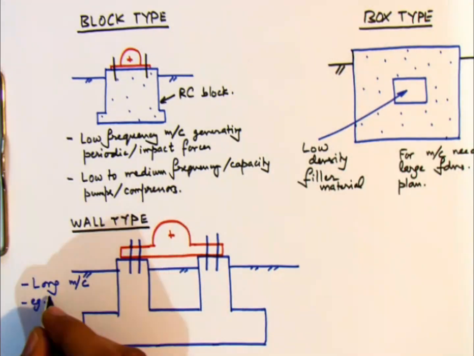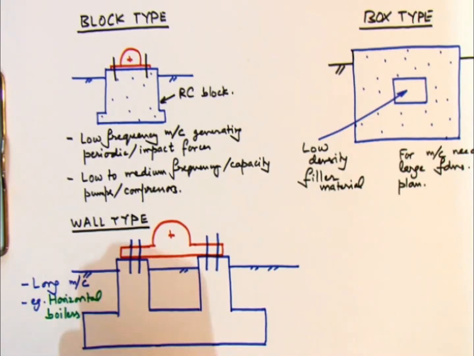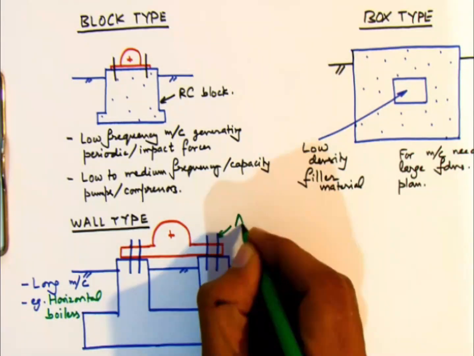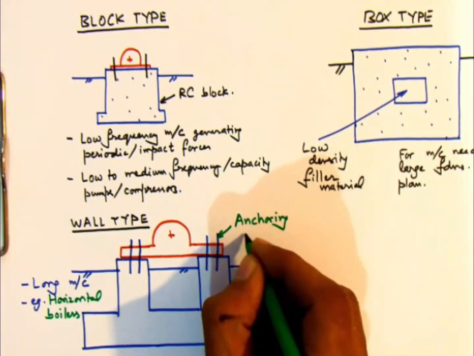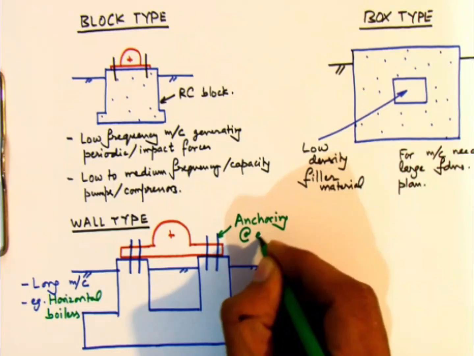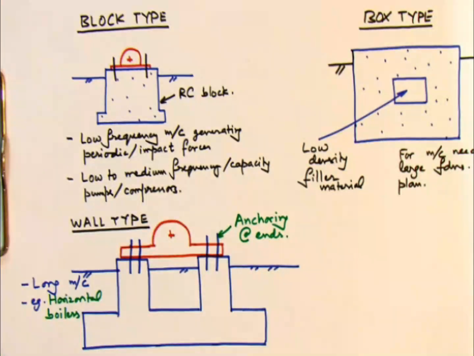Some of the examples of such machines are horizontal boilers, so generally the anchor bolts are provided at the two far ends of the machine.